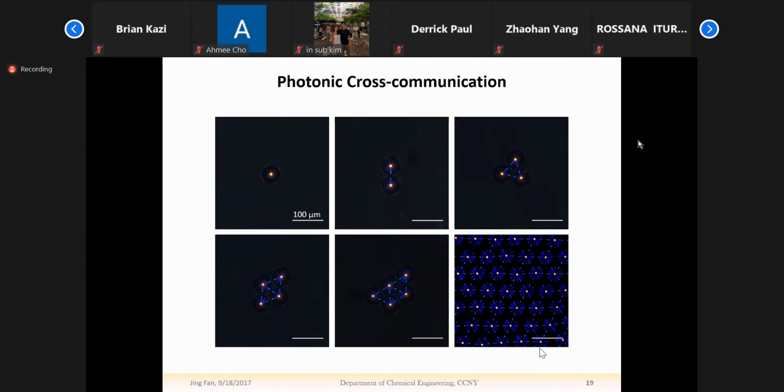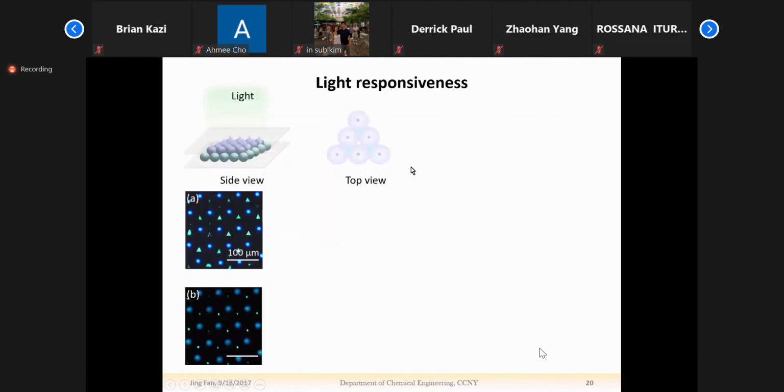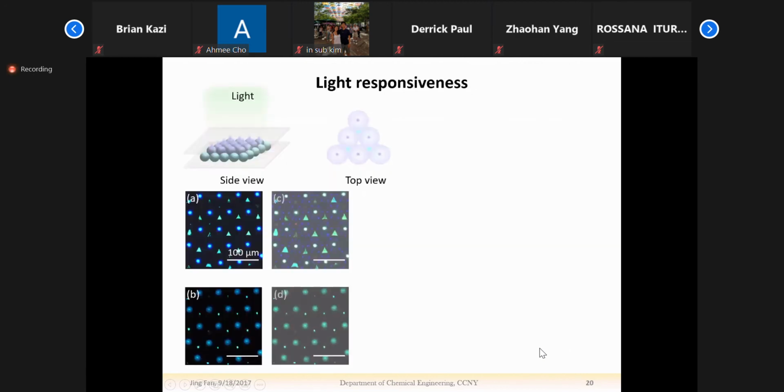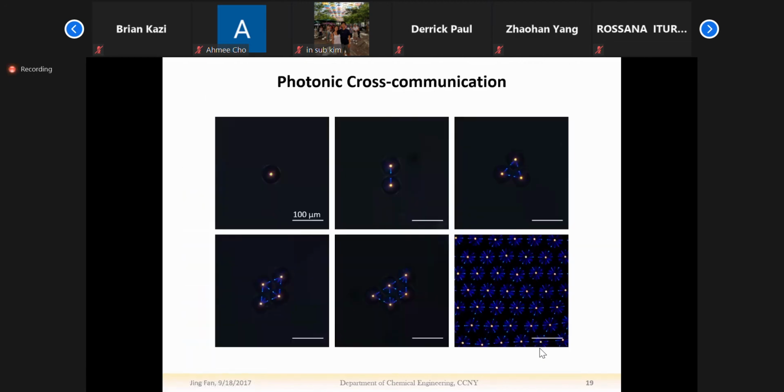And we also discovered a so-called photonic cross-communication process. When you shine light onto these droplets, I don't have the schematic included here, so it's hard to describe why you have these blue rays. We only have these blue rays in between two droplets. Here it's a single droplet, so we don't have any blue rays.